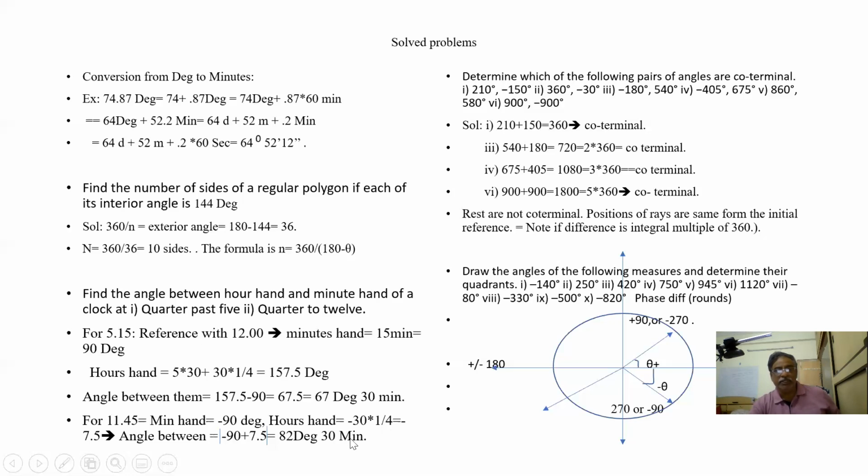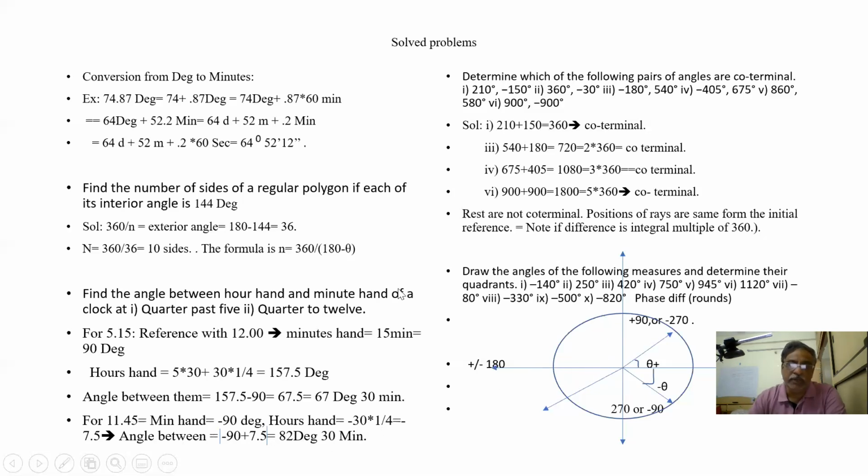So 12 into minus 30 into 1 by 4, that is 7.5. So minus 90 plus 7.5, you get 82 degree 30 minutes between them. This is the 11:45 hour hand, this is the minute hand. This angle is 82 degree 30 minutes.